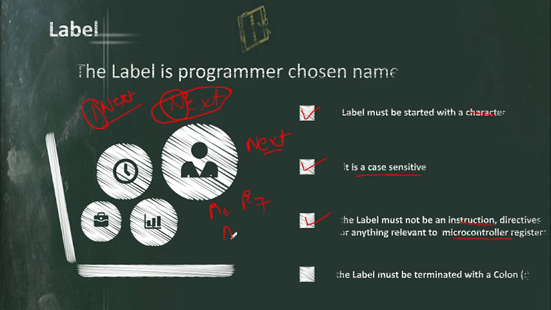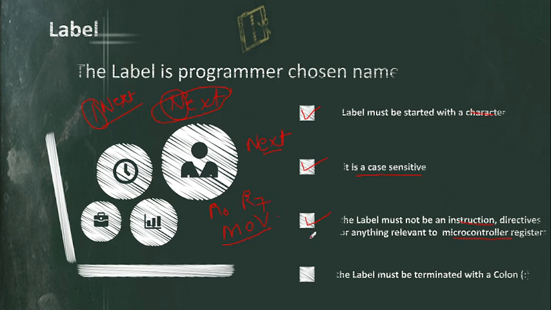This is an instruction. If you look at the first point, it starts with a character, right? But this is an instruction, which cannot be used as a label. So you need to be careful about it. Instructions or any directives or anything related to the microcontroller registers cannot be used as a label. Even though they satisfy the first two conditions, you cannot make use of them as a label.